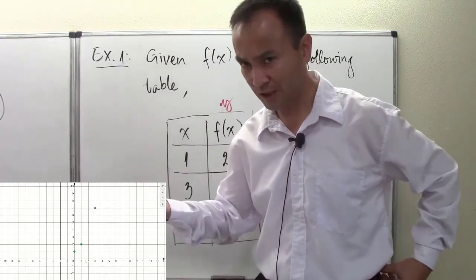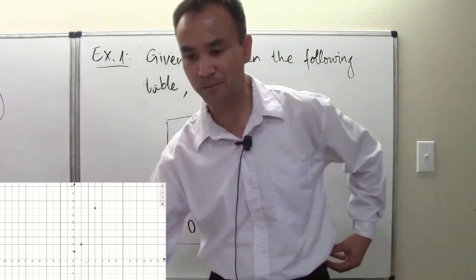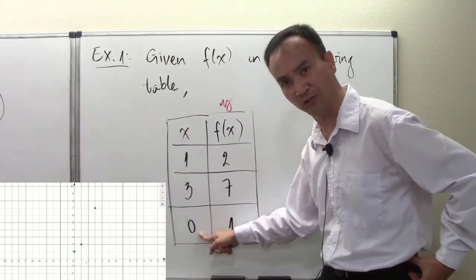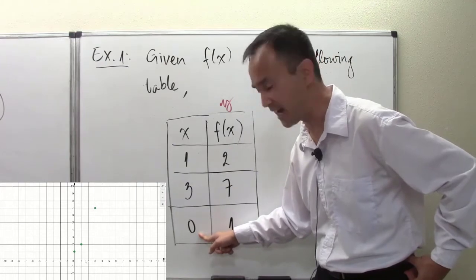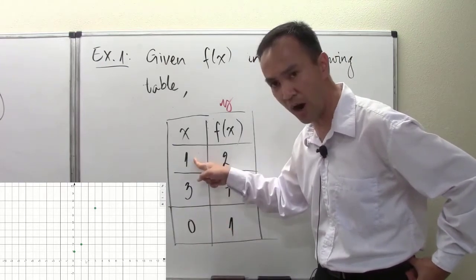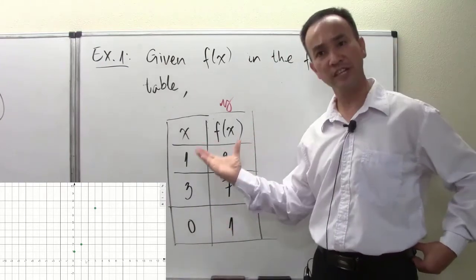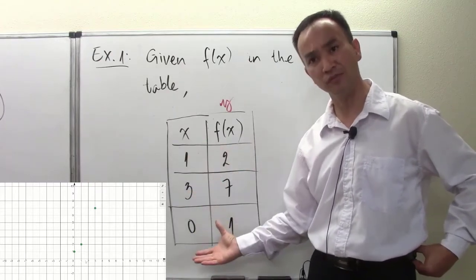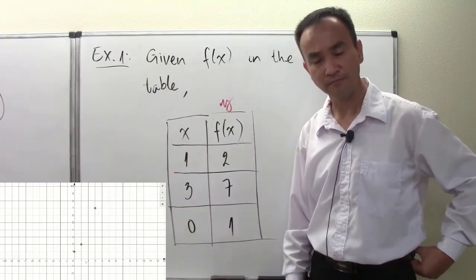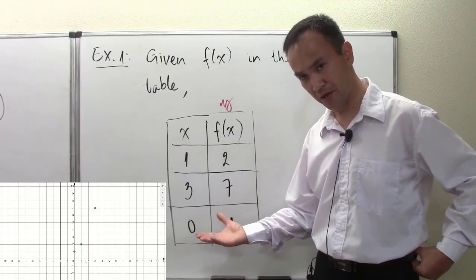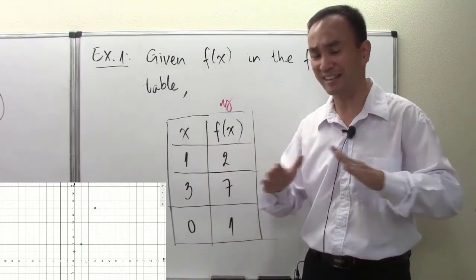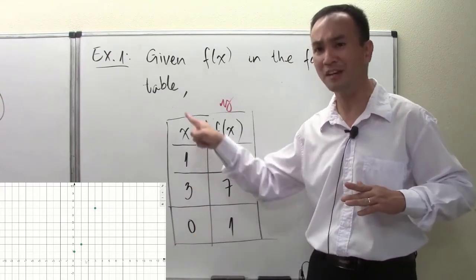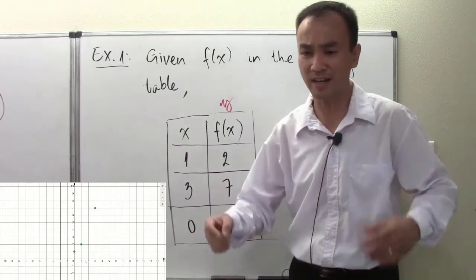When you're doing this on your own, it makes sense that this point has to come first in the graph, right? Because on the x-axis, 0 comes first, then 1, then 3. Our table representation can sometimes be out of order, unorganized. But when we put things on the graph, all of the inputs have to be in a certain order, because that's the way it is.